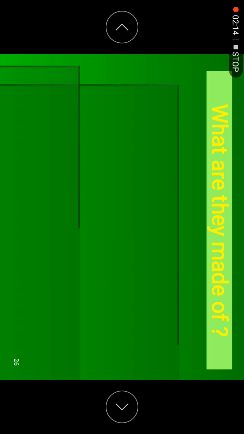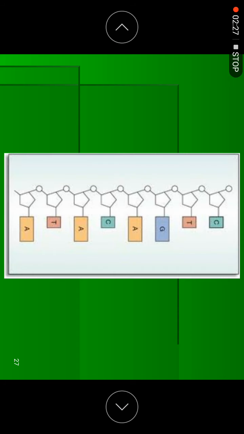That's why, as in the previous slide, the sugars and the phosphate become one backbone.